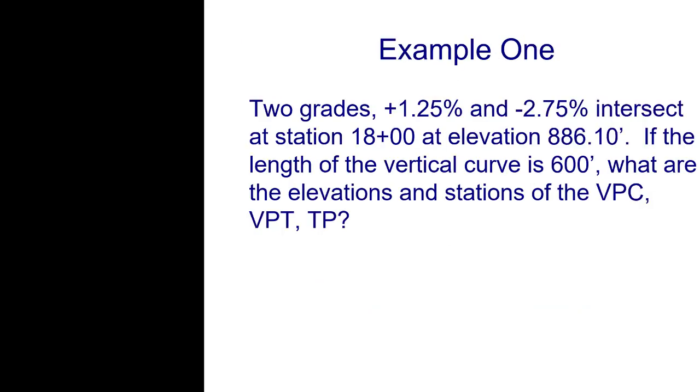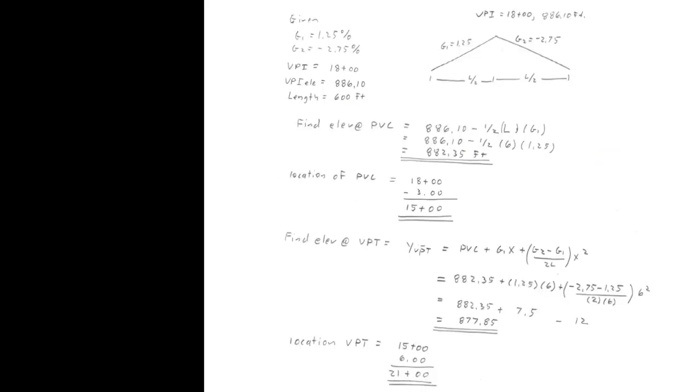Example 1. Two grades, plus 125 and minus 275, intersect at station 18 plus 00 at an elevation of 886.10 feet. If the length of the vertical curve is 600 feet, what are the elevations and stations of the VPC, VPT, and TP? Givens are there at the top, the VPI.